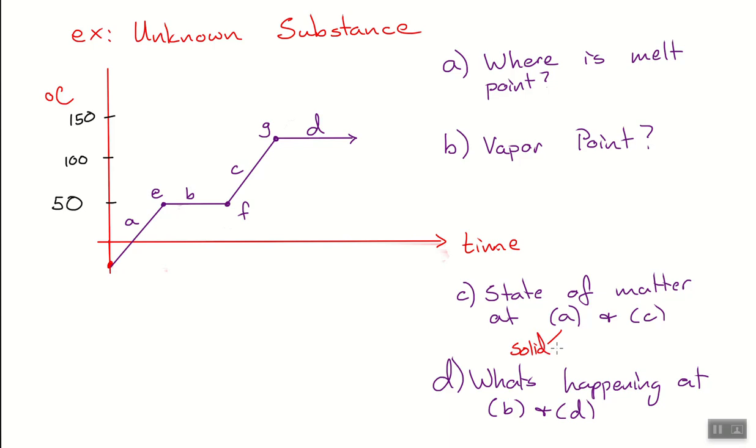We'll come back and hit the next part. Now, if you want to think about it like a block of ice, that's fine with me. I was solid all along to here, and then the temperature kind of mellowed out. What do you think I am here? I was solid, and I kept adding energy. At C, I think I'm a liquid.